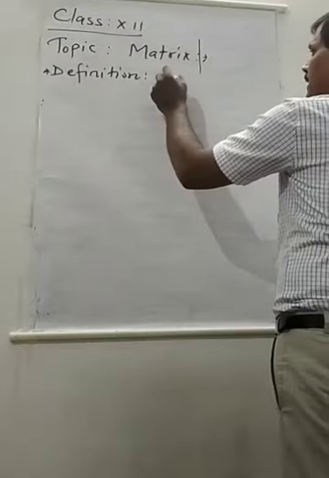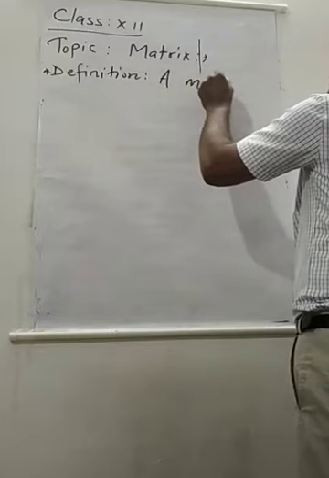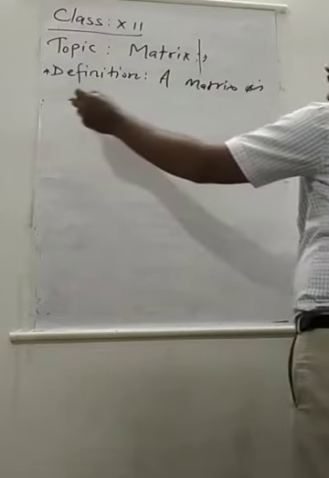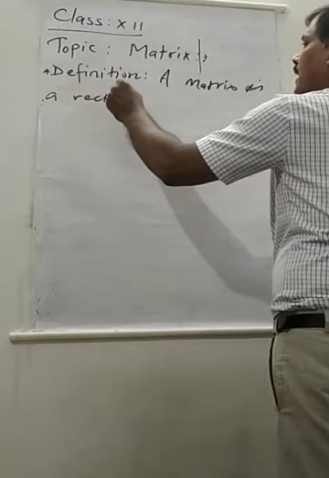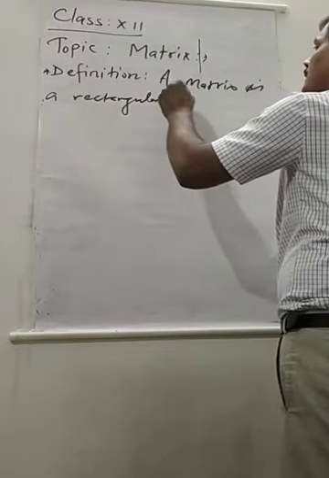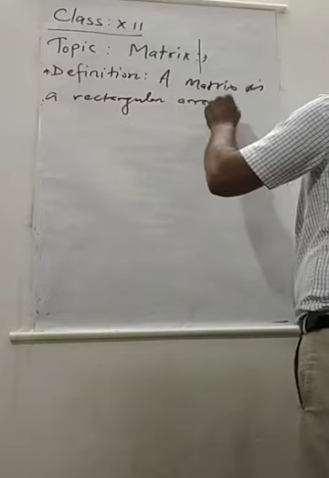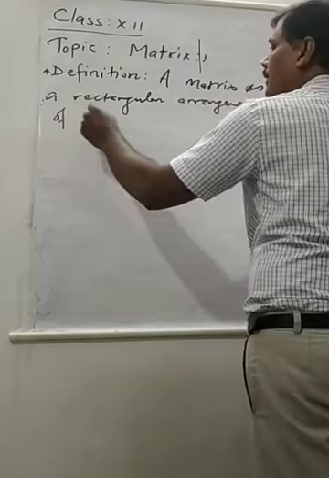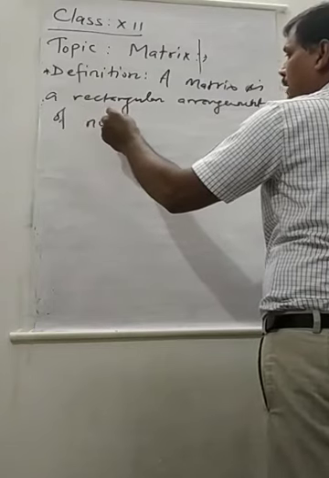So we can write, a matrix is a rectangular arrangement of numbers or values, whatever you can say.